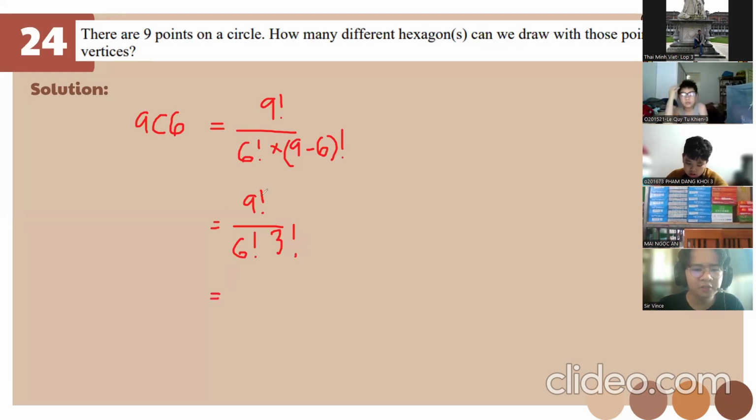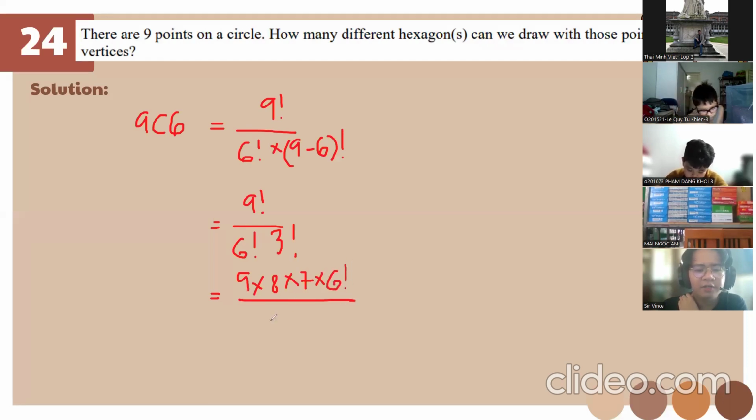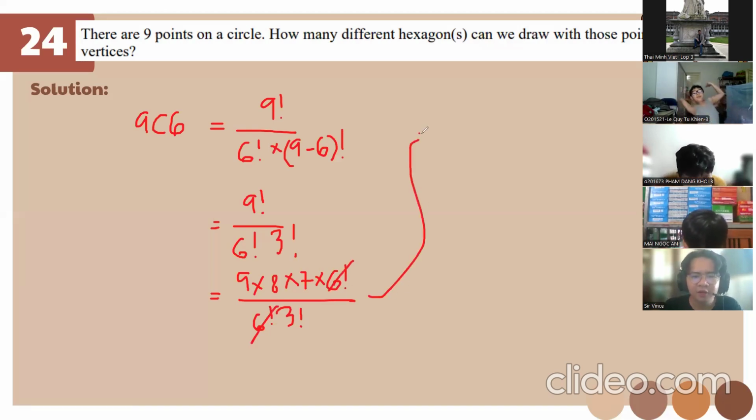We just need to distribute this so we can remove the 6 below. So 9 times 8 times 7 times 6 factorial, all over 6 factorial 3 factorial. So this one is cancelled, and we'll be left with 9 times 8 times 7.